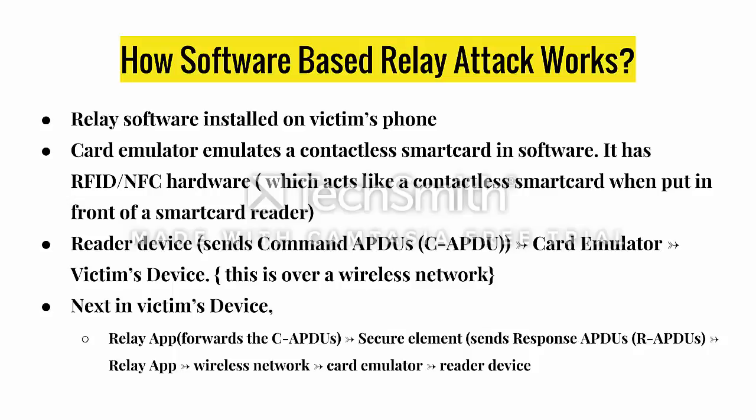The corresponding responses, called response APDUs, generated by the secure element, are routed all the way back through the relay app, the wireless network, and the card emulator to the reader device. A critical requirement for the software-based relay attack is that the relay software can exchange APDUs with the secure element.